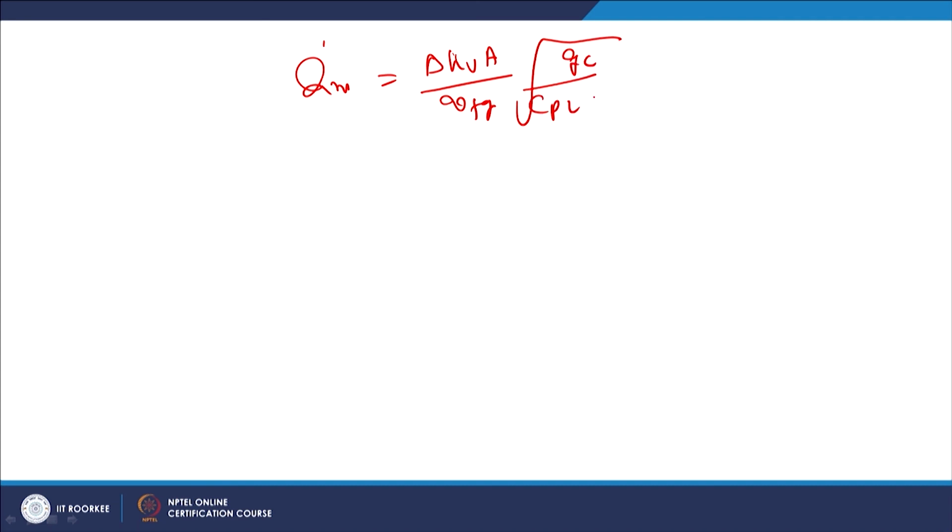Now, reducing the equation for vapor mass flow rate, Qm bar is equal to delta HV A upon VFG square root of Gc Cpl T. So when the flashing process is done at or near P saturation, small droplets of liquid are also entrained with vapor. So the design assumption is that the mass of the liquid entrained is equal to the mass of vapor formed from flashing.